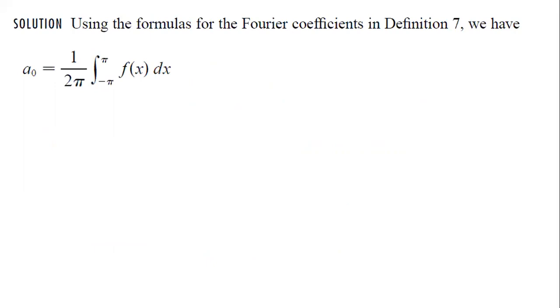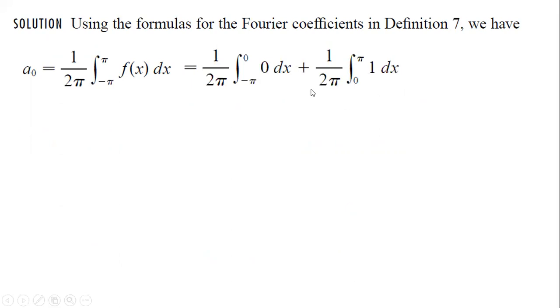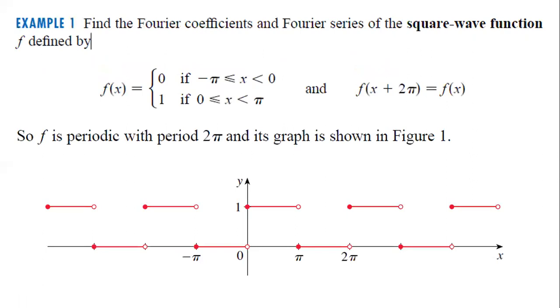So using the formulas for the Fourier coefficients, recall this formula for a sub naught. Our function is defined piecewise, right? Either 0 or 1: 0 if our domain is from negative pi to 0, and 1 if from 0 to pi, as shown in this given.